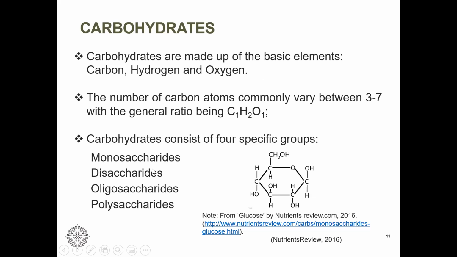Monosaccharides, which have one sugar group, whereas disaccharides are made up of two monosaccharides. The most abundant monosaccharides are fructose, galactose, glucose. Then we have disaccharides such as sucrose, maltose, and oligosaccharides, which are short chain monosaccharides, about 3 to 6 units.